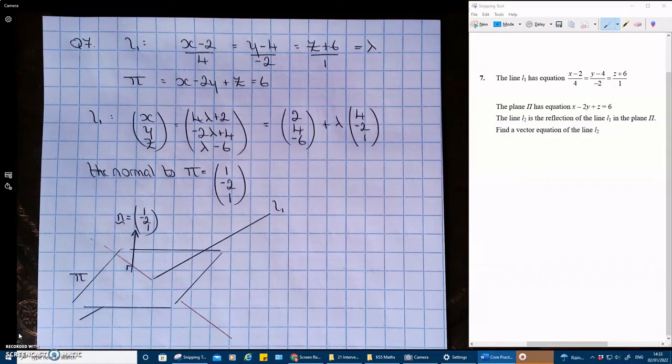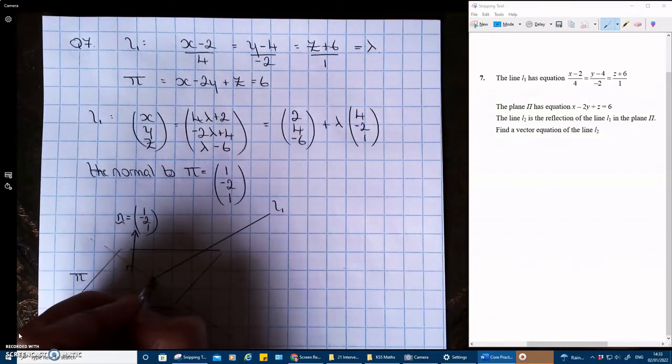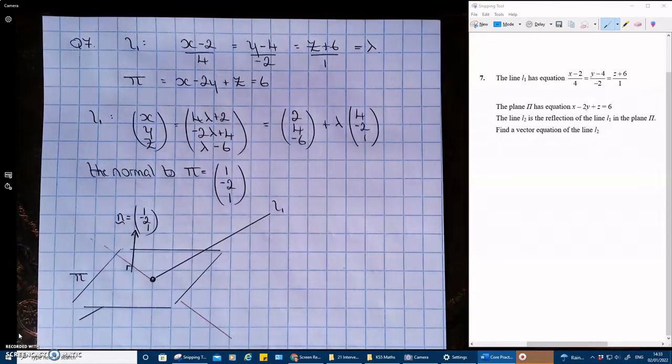The way we're going to do that is we're going to find this point here where the line intersects the plane.